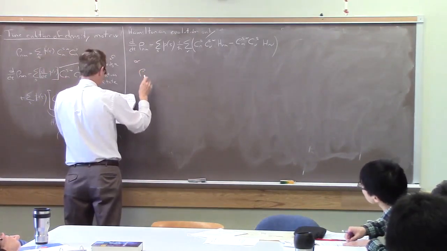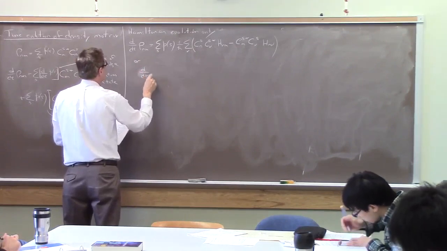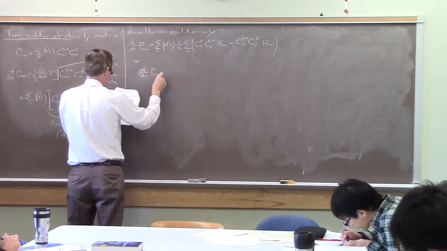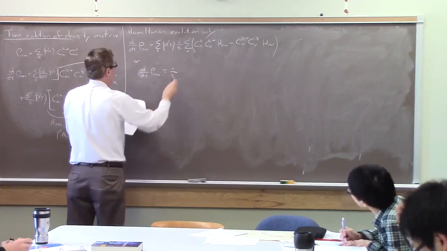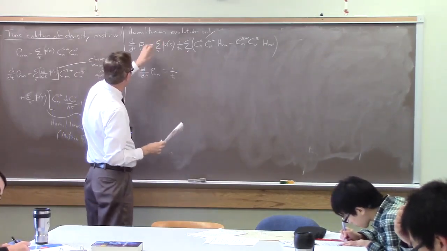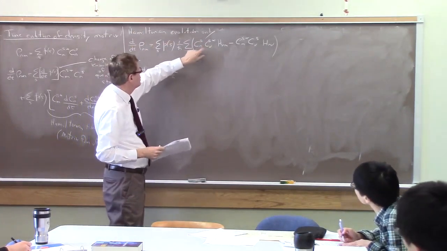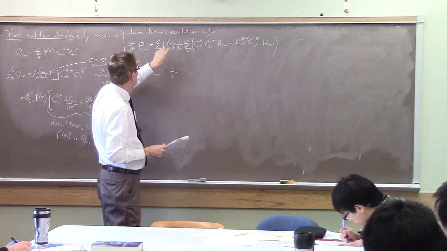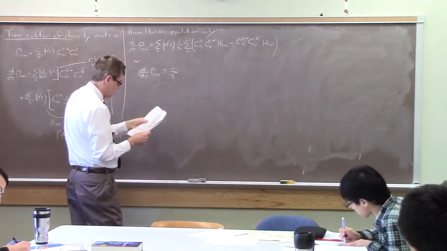And now we can write this as d by dt of rho n m is equal to i over h bar. I'm going to pull this inside of the summation. This combination now with this together is just the density matrix itself.